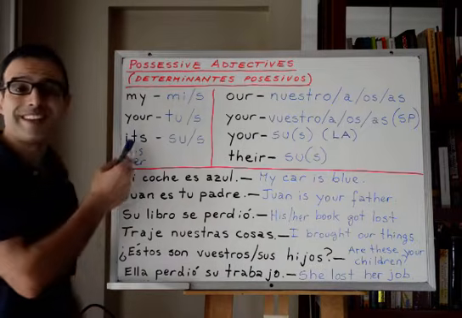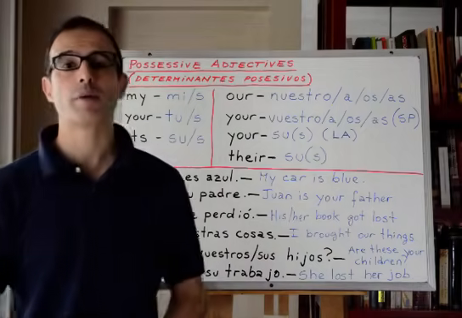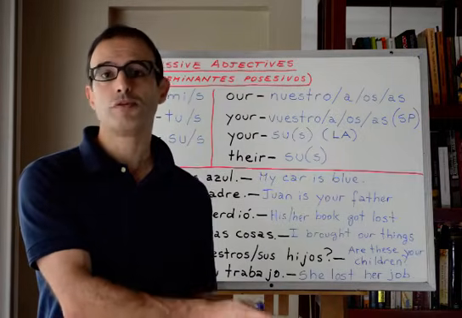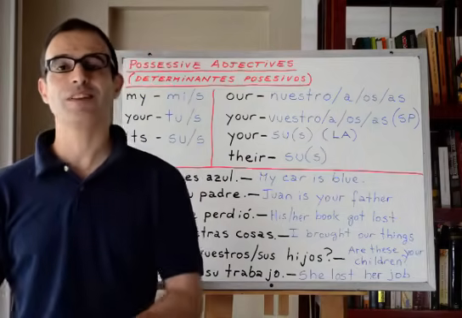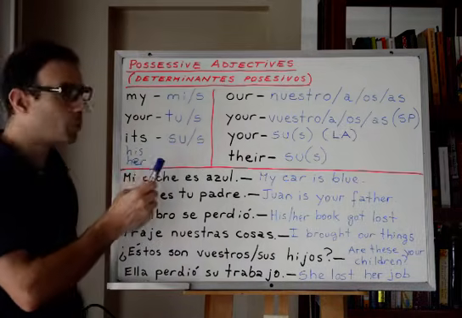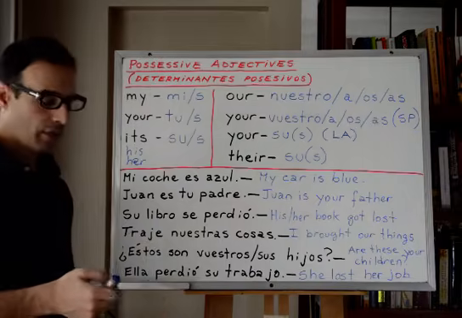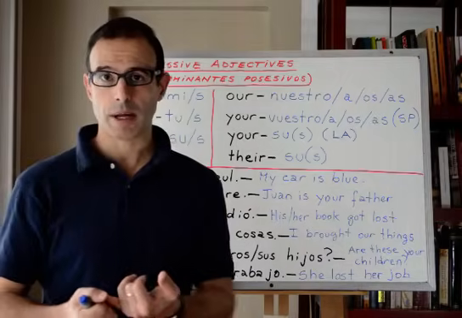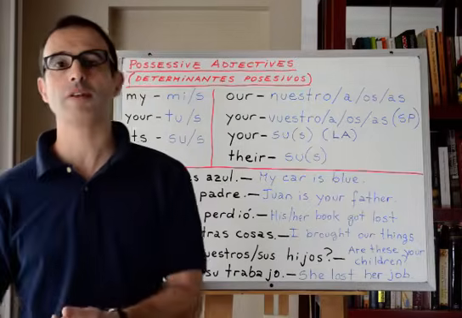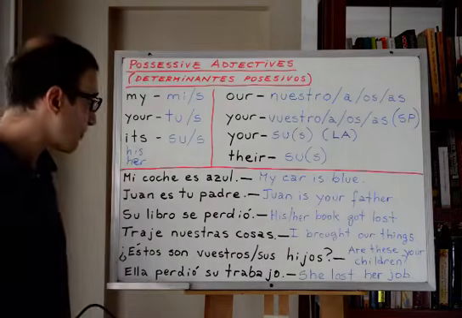And it's also for its. So for example, if I want to say this is the dog's food, I will say esta es su comida, right? Su also works for its, for things or animals, okay?